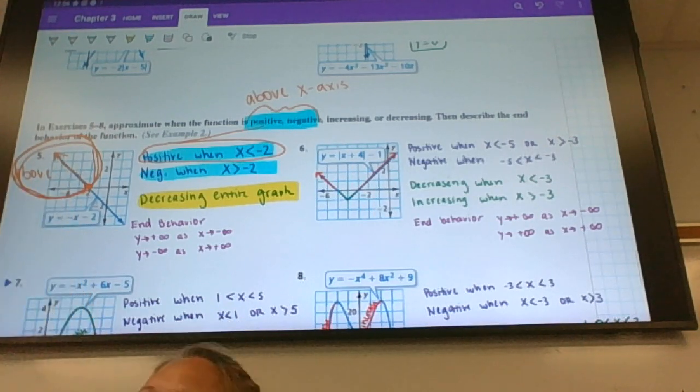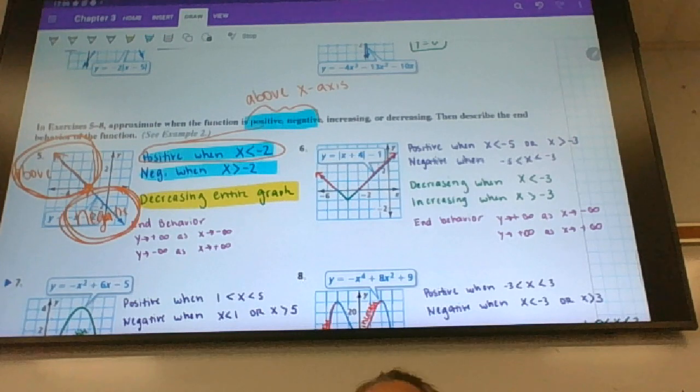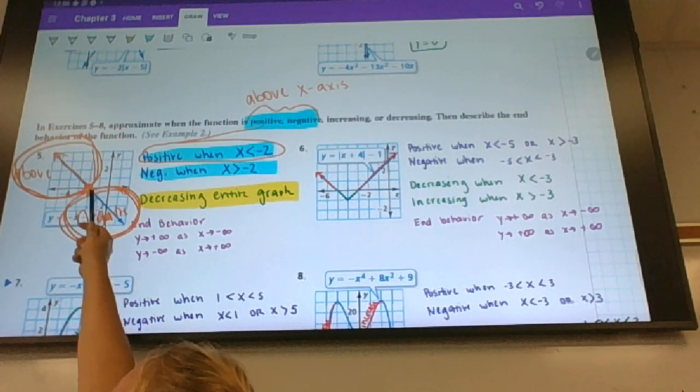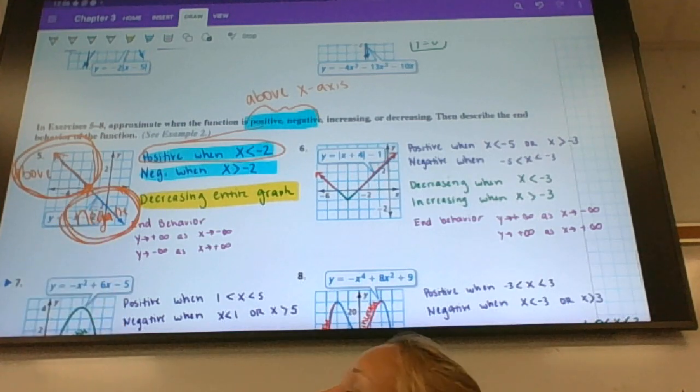Up here is where the graph is positive. Down here, the graph is negative. How do we describe that to people? Well, it's on the x-axis where x is greater than -2. So when it says positive and negative, it's asking when is it above and when is it below, and you describe it using the x numbers.